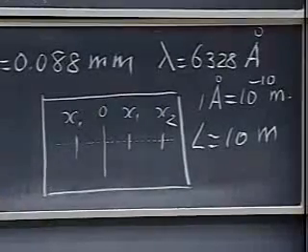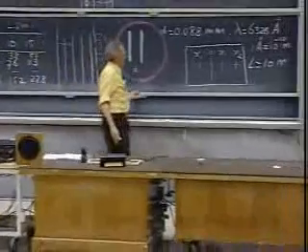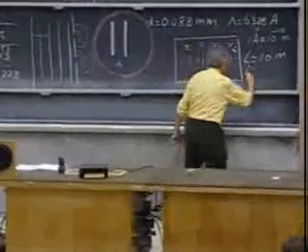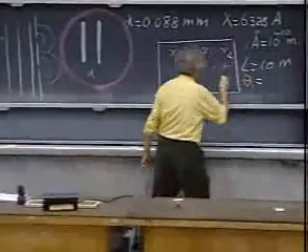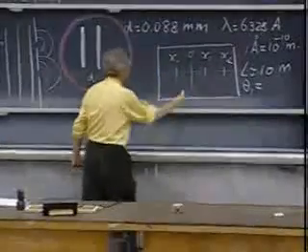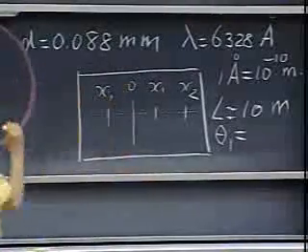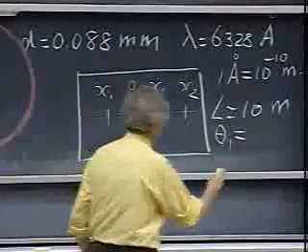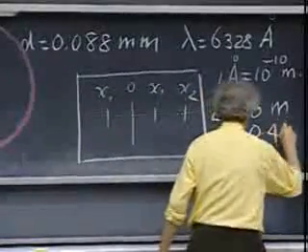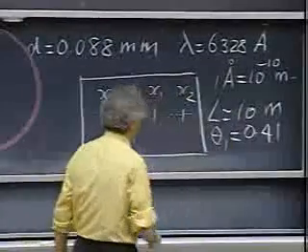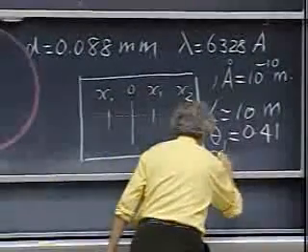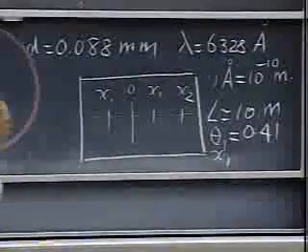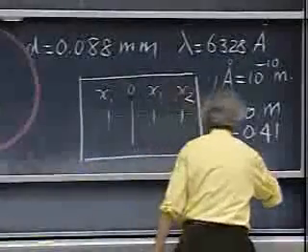And so I calculated, and you can confirm that, and you should confirm that the angle theta 1, I will only calculate theta 1, which is the angle then to this point. Theta 0 is of course always 0, right? That's the easiest. I find that theta 1 is 0.41 degrees. That is for maximum. And that means that x1, given the distance of 10 meters, then becomes 7.2 centimeters.